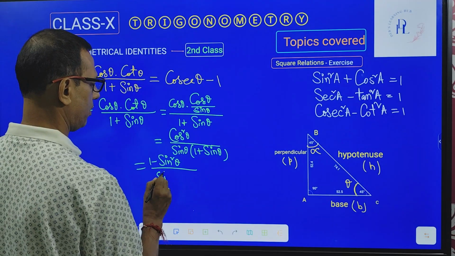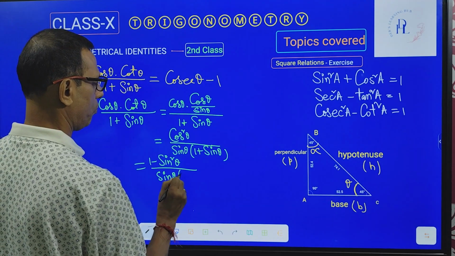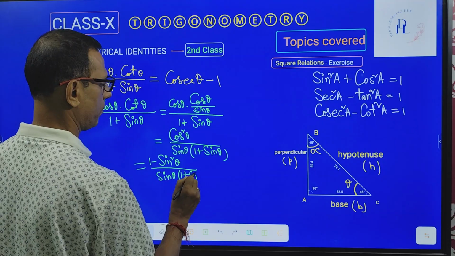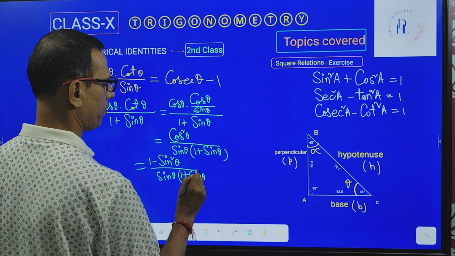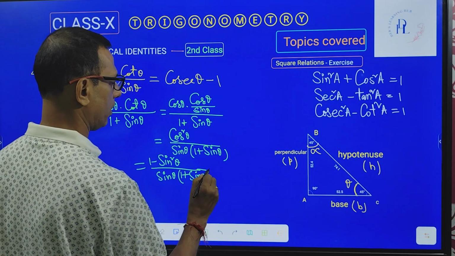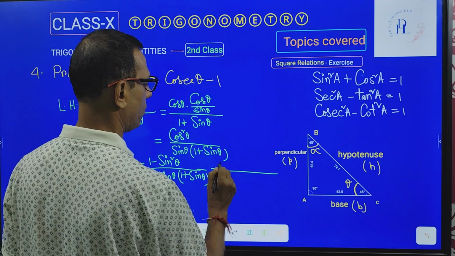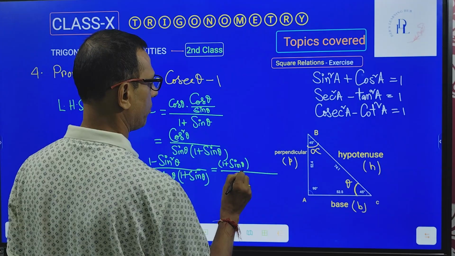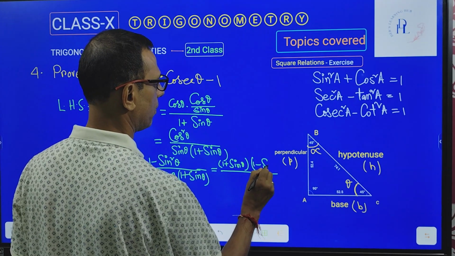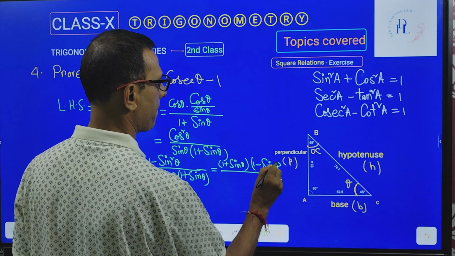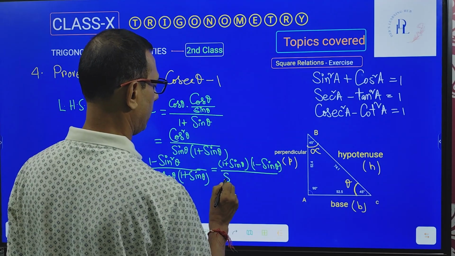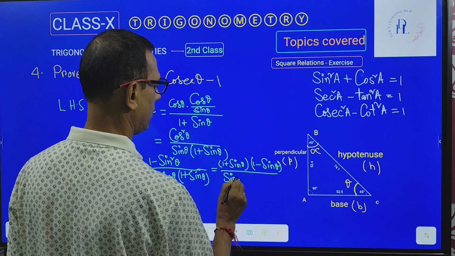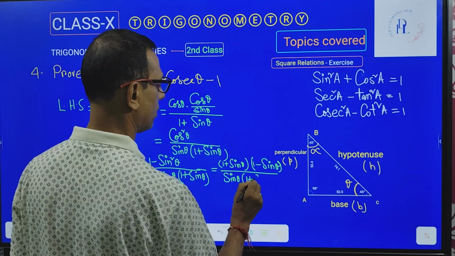By sin theta into 1 plus sin theta. That is equals to 1 plus sin theta into 1 minus sin theta by sin theta into 1 plus sin theta.